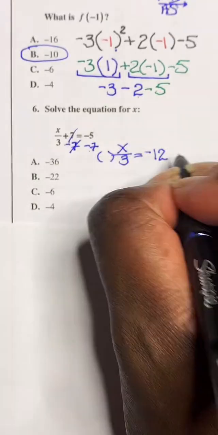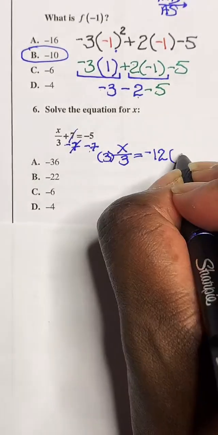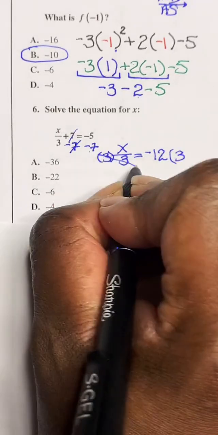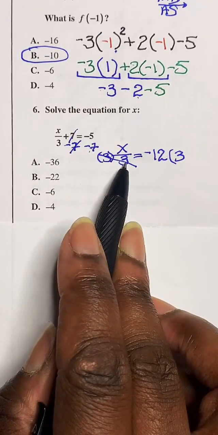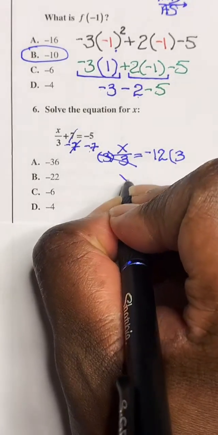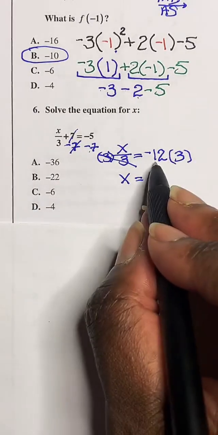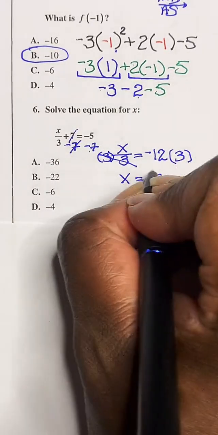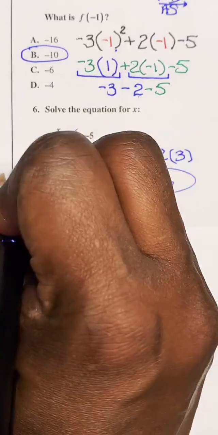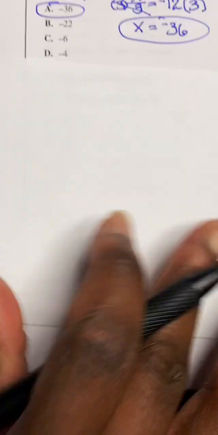So we're going to multiply both sides by its denominator, and the denominator is 3. The reason why is because 3 divided by 3 over here gives me 1, or just simply x. Then you have your -12 times 3, which gives you -36. So the answer will be A.